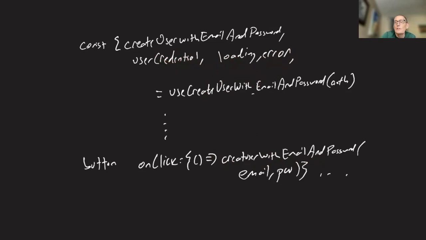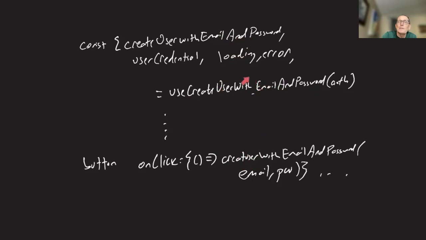Same idea with the user credential. That is, when you create the user with email and password, it automatically logs you in with that email and password. So you don't have to go through a separate login step. So that means if you put in a valid email and password, then this hook is going to get evaluated twice, really. We get evaluated the first time, we get given this creation function. We call the creation function, and then the second time, we're going to get a loading of true.